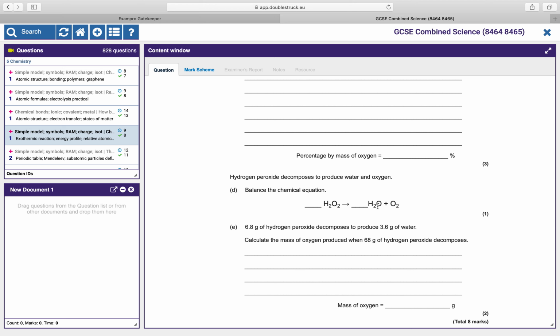Now if I want just the oxygen, I need to take away 4 lots of hydrogen. So I'm going to take 4 from 36, and I'm going to say that mass of oxygen is 32 grams.